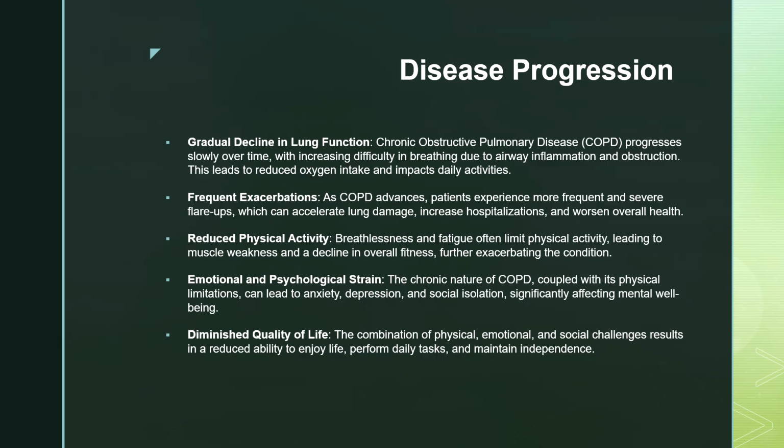Now let's turn our attention to disease progression. You have COPD and you're gradually getting worse and worse. So we all know that COPD is a decline in lung function. Over time, your lungs are going to get worse and worse. It progresses rather slowly. Basically, breathing becomes a little bit more difficult, and this is mostly due to inflammation and obstruction.